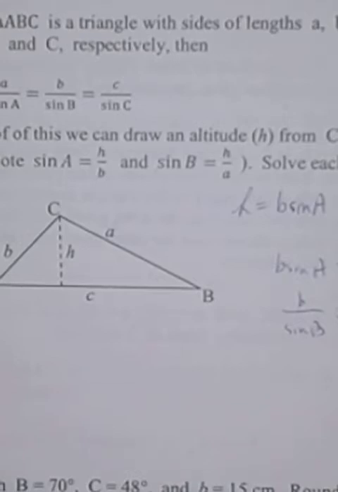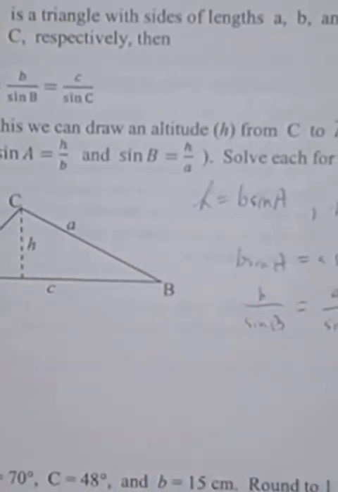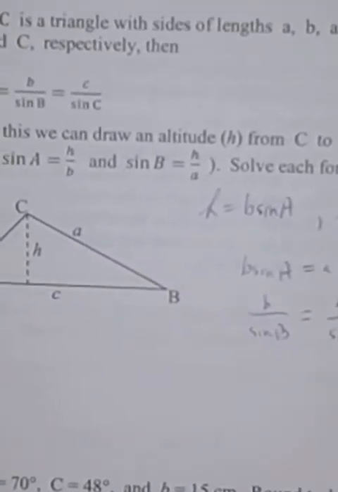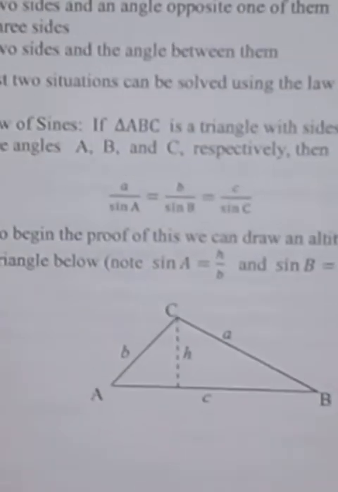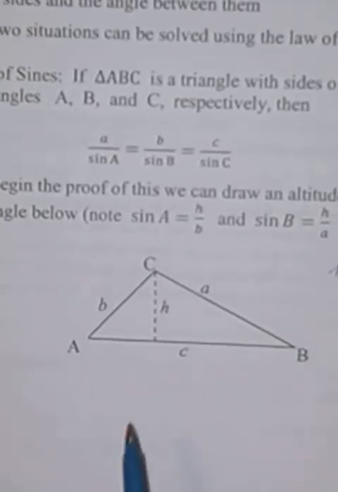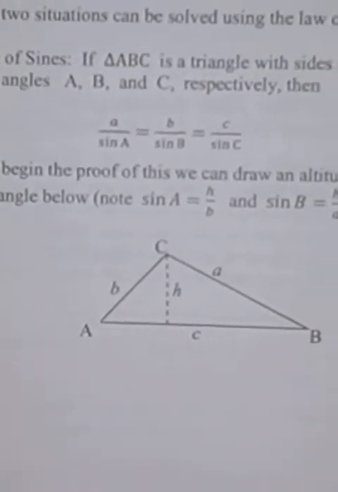Once you have that, you can use the transitive property to write the statement that all three are equal. That's one proof, and there are other proofs that we can look at.